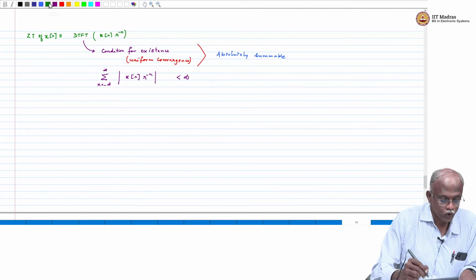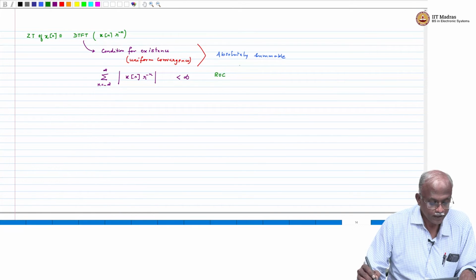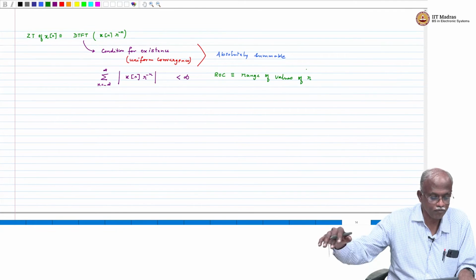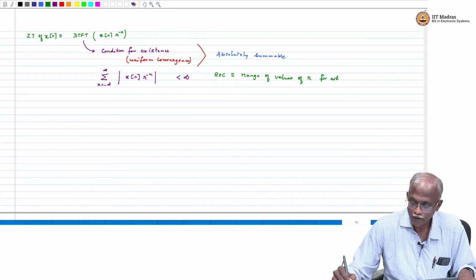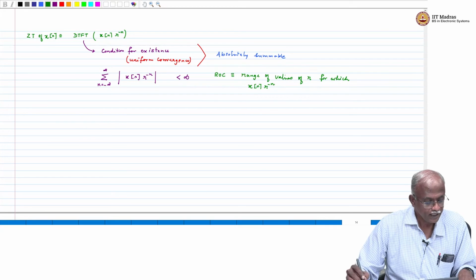So, what is the region of convergence? The region of convergence is the range of values of R, the radial variable, for which x of n r power minus n is absolutely summable.